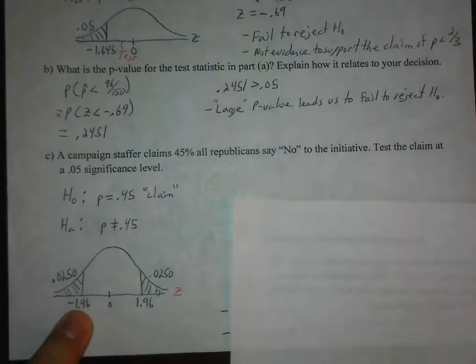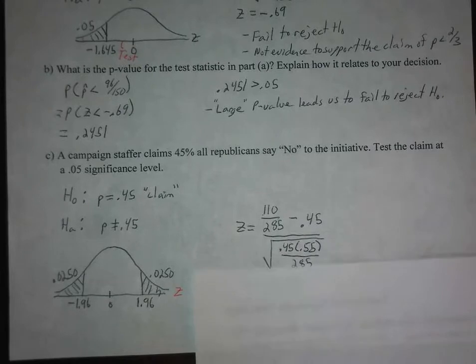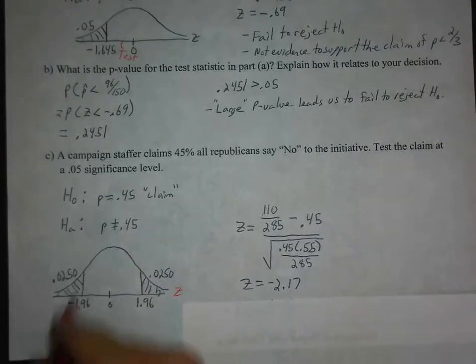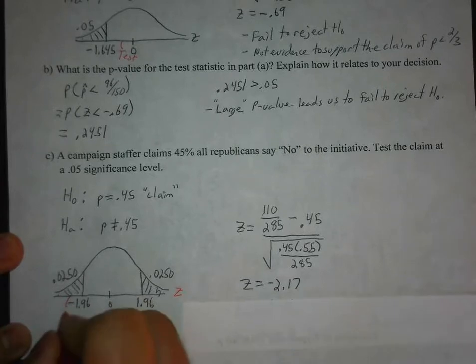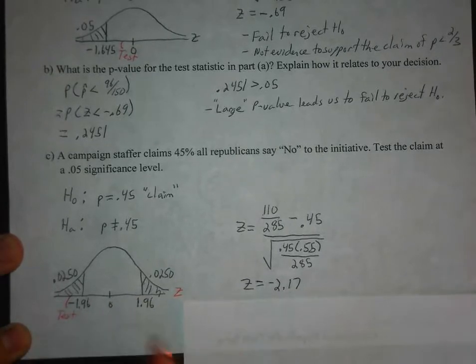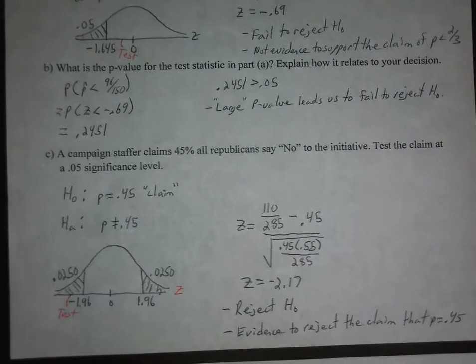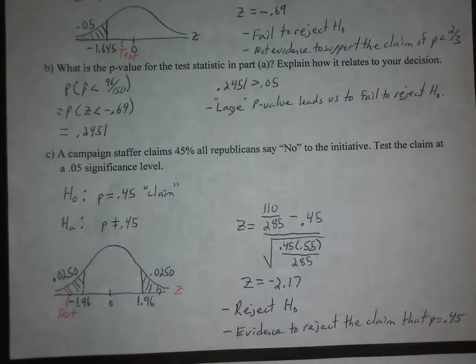When you calculate the test statistic, you end up with negative 2.17. And that is just to the left of the left end here. So that leads us to reject the null hypothesis, and there's enough evidence to reject the claim that P equals 0.45.